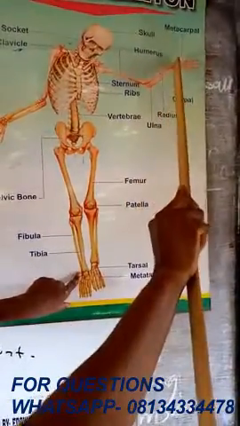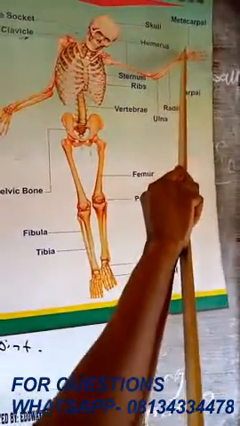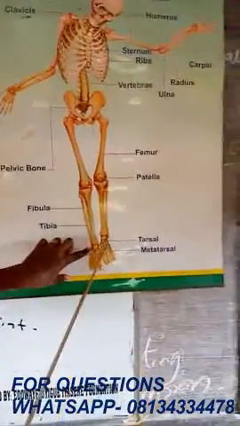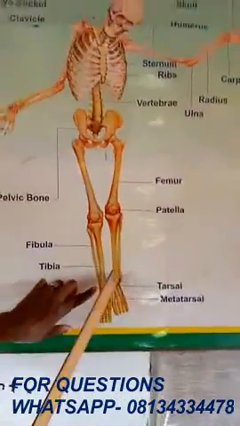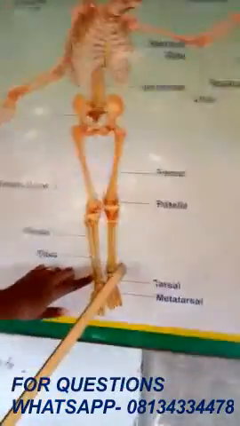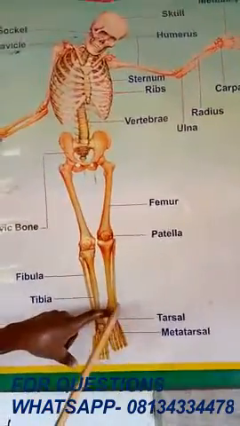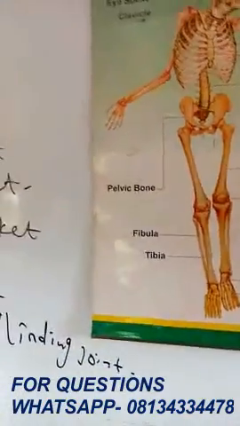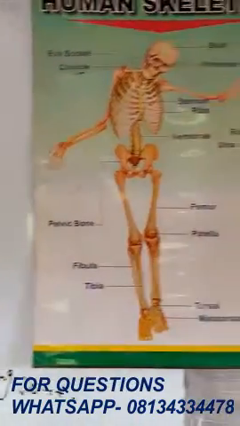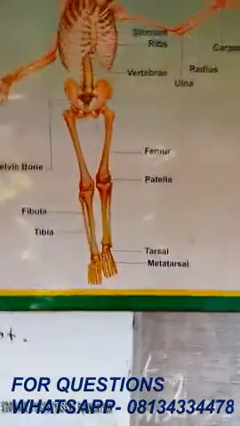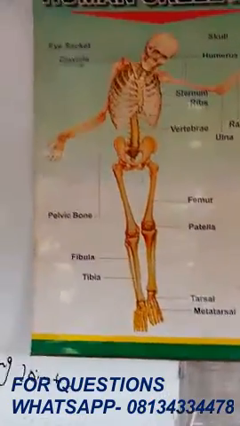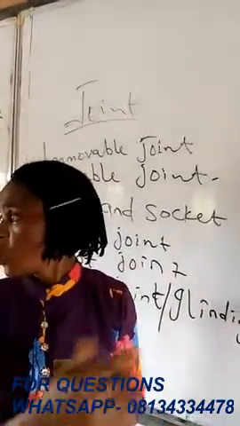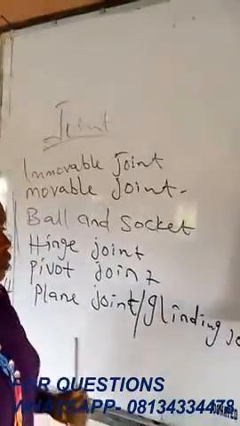The joint here is a plane joint, and also at the ankle, the joint here is also known as a plane joint. The plane joint allows the sliding of bones over one another.